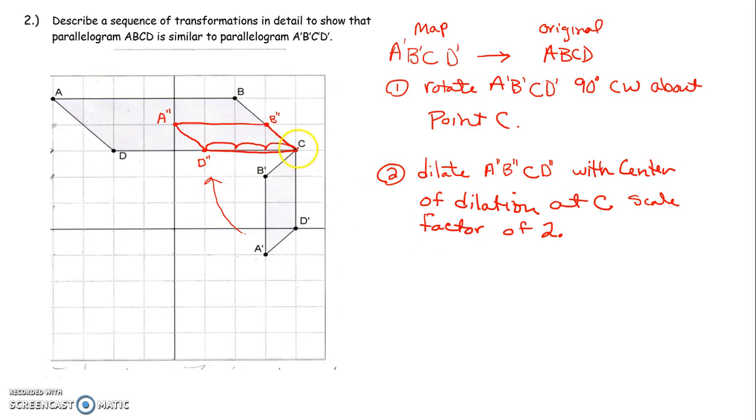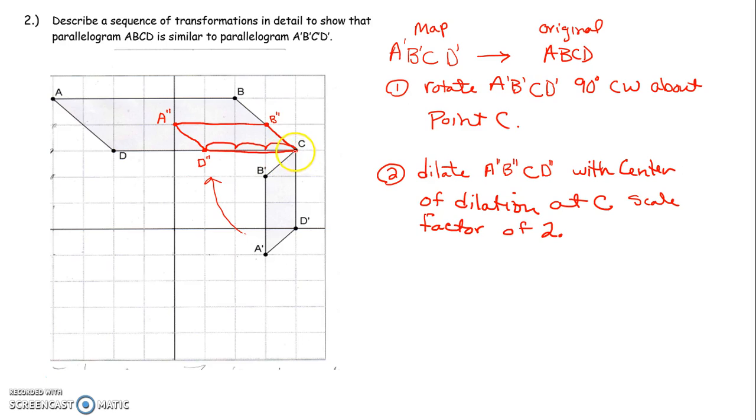So let's just double check. See how this, if I go from C and I'm dilating this one, see how I cut through one box? Well, then to go from C all the way to B, I cut through 2 boxes, because 1 times a scale factor of 2, this new length would be 2.